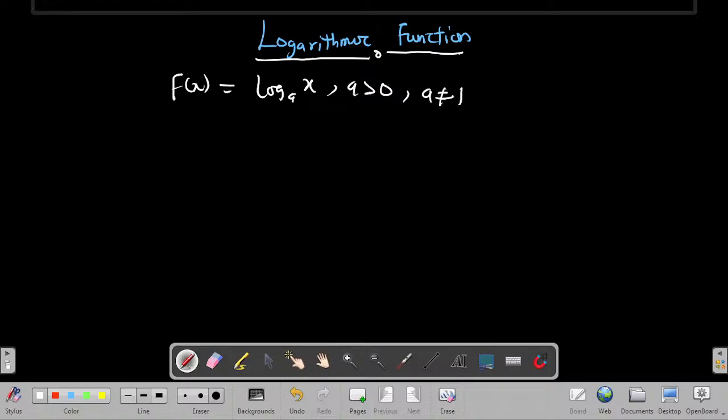So this is a general representation for every logarithmic function.